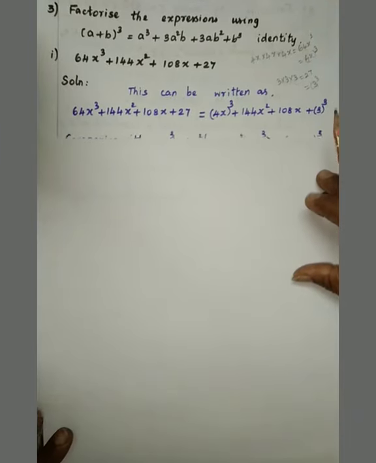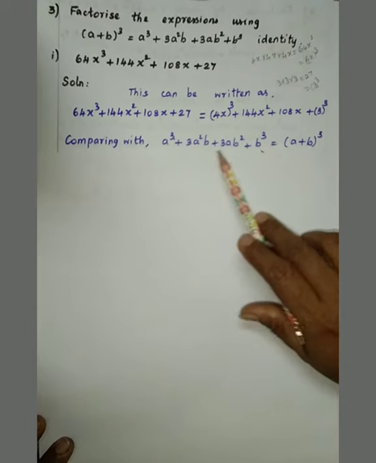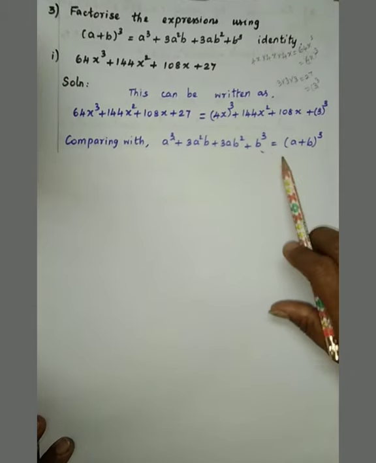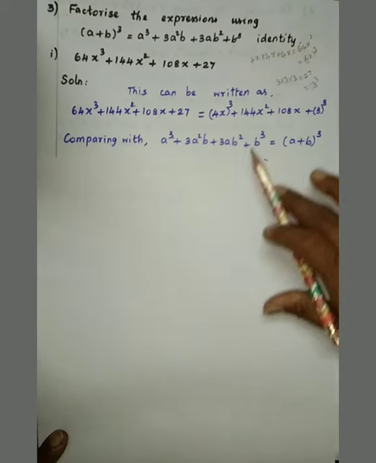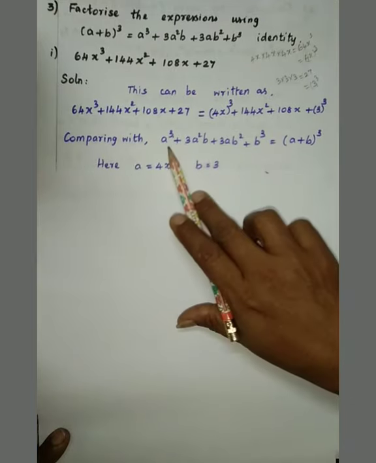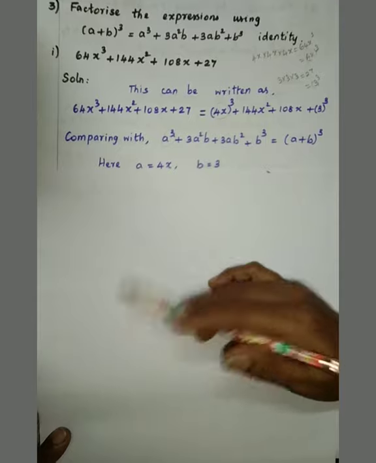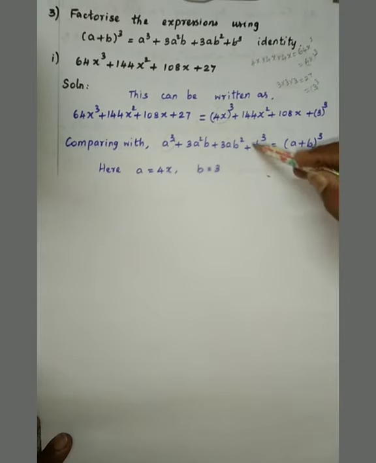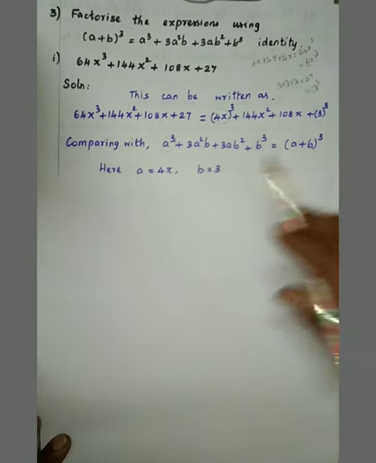So we are going to compare the identity a cube plus 3a square b plus 3ab square plus b cube equal to (a + b) the whole cube. Now we are going to compare the given question and the identity. So here a is 4x and b is 3.